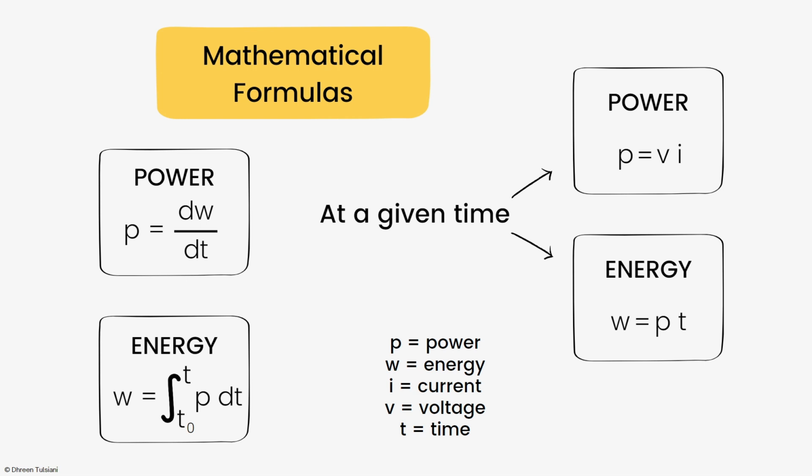At a given time, power, or P, equals voltage times current, or V times I, and energy equals power times time, or P times T.